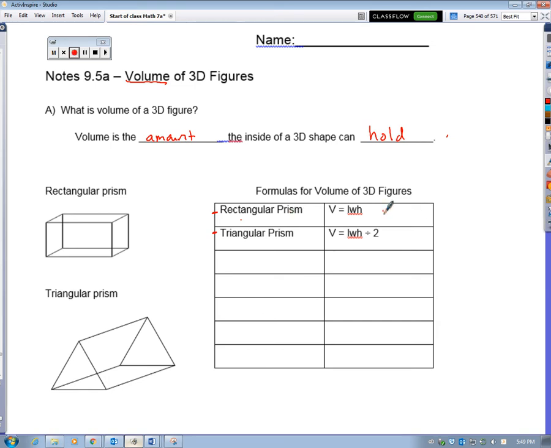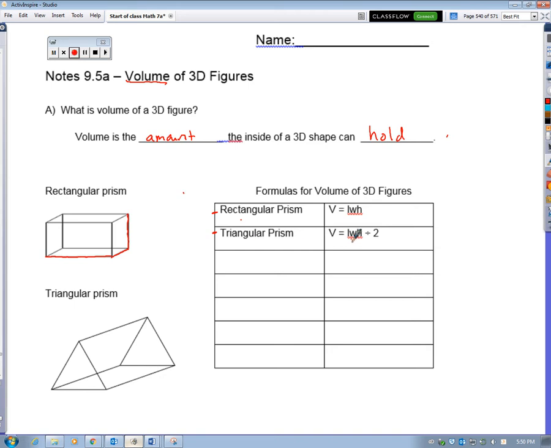The first one for the rectangular prism is going to be the length times the width times the height. Okay, so if we're looking at our rectangular prism, we're concerned about the length, we need that number, the width, and we need the height. Okay, those three numbers multiplied together gives us the volume.